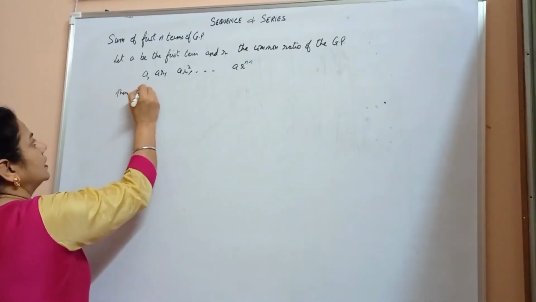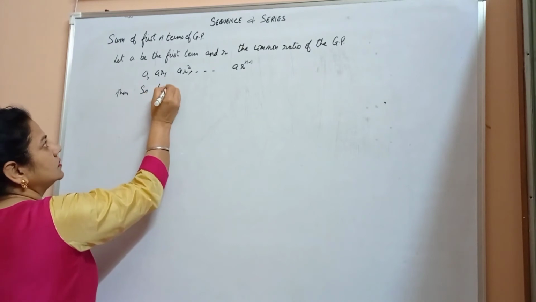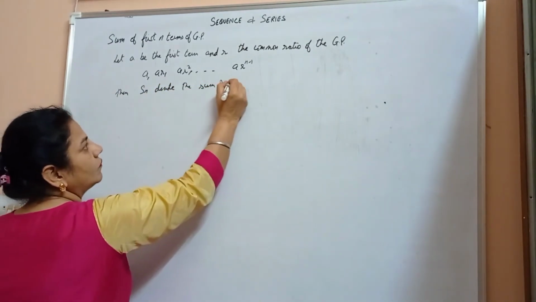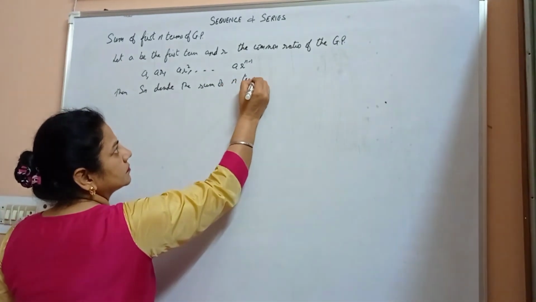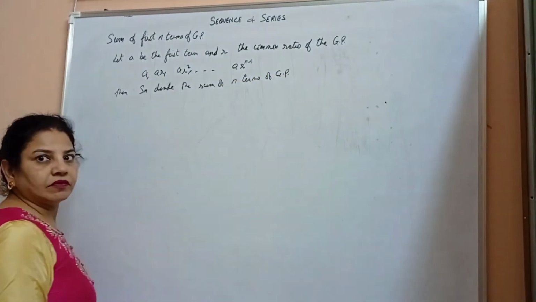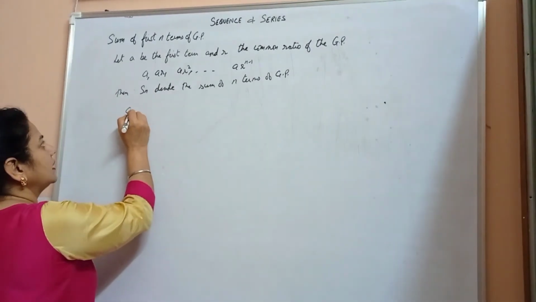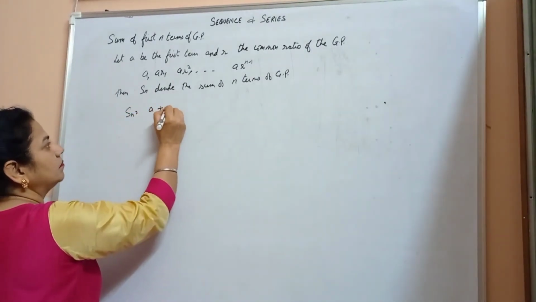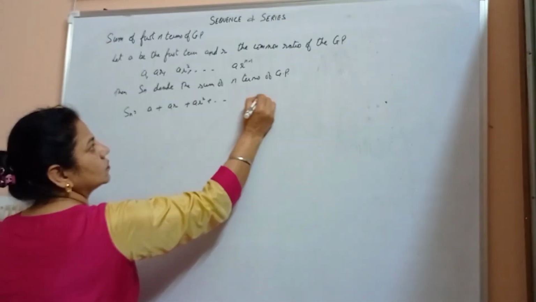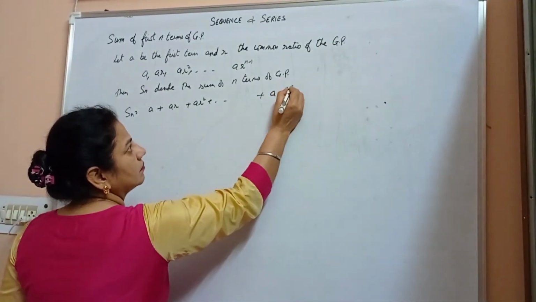If Sn denotes the sum of n terms of GP, then Sn is equal to A plus AR plus AR square and so on plus AR to the power n minus 1.